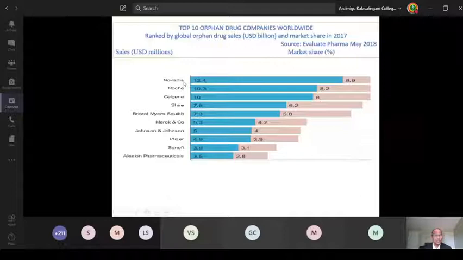Novartis is going to have sales of maybe 12.4 billion US dollars. Likewise, Roche is going to have sales of 10.3, Celgene 10. The market share is 9.9 for Novartis, 8.2 for Roche, and 8% for Celgene.